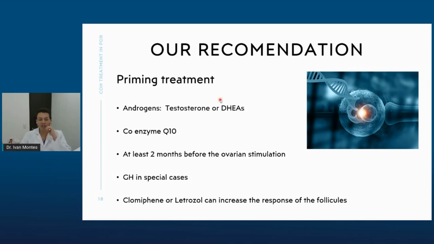The recommendation is that you can prime her with testosterone or DHEA for at least 2 months before the new hyperstimulation treatment. You can also use coenzyme Q10 for at least 2 or even 3 months before the ovarian stimulation. You can use growth hormone only in special cases, and you can also use clomiphene or letrozole that can increase the response of the follicles during the ovarian hyperstimulation.